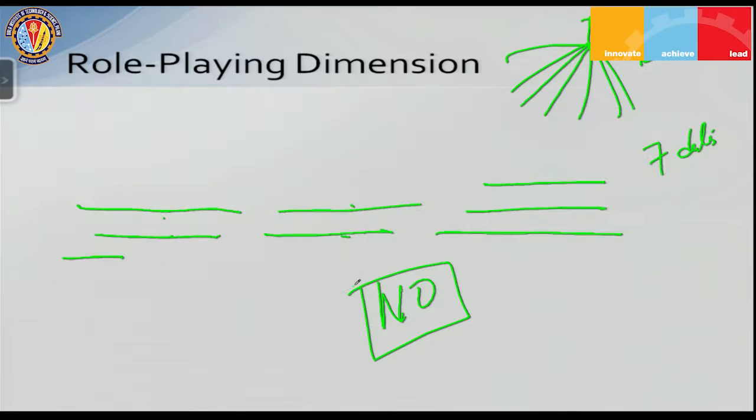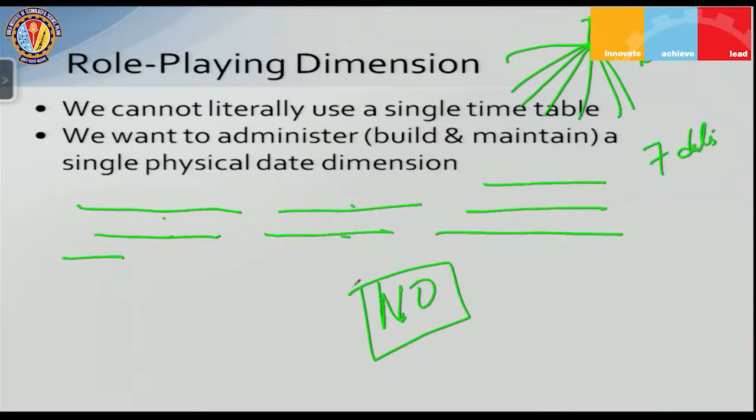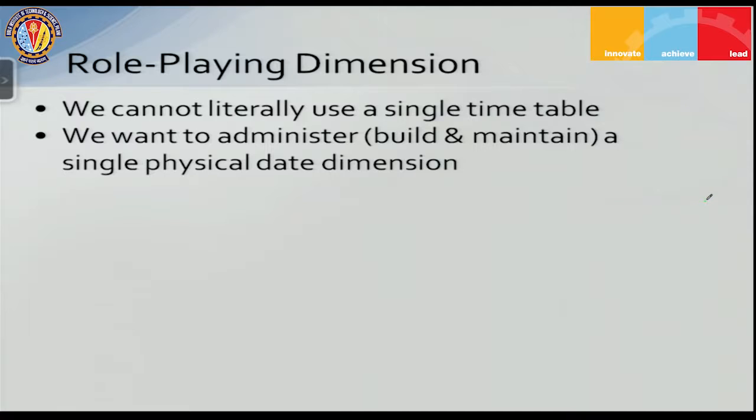So what do we do? We cannot use a single time dimension or date dimension. At the same time, we want to administer, meaning build and maintain, a single physical date dimension, because I don't want to create and maintain 7 or 10 copies of the date dimension.